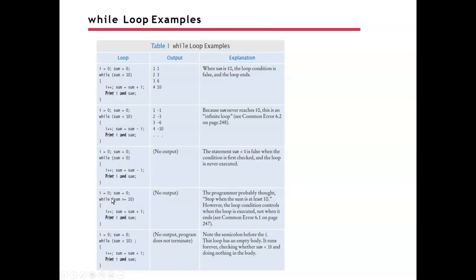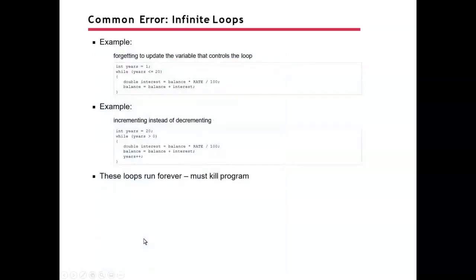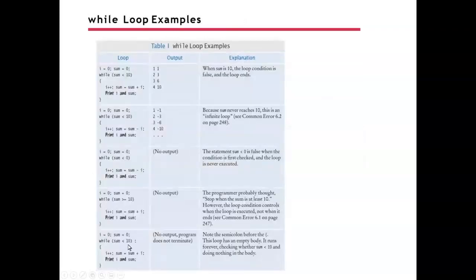What is this example? Oh, yeah. I don't know what they were thinking here. Sum 0 is never going to be greater than 10. And this one doesn't end, because by putting this semicolon here, you've essentially created a while loop with one statement in it, and that's that semicolon, so nothing's ever going to change with sum, so you're stuck.